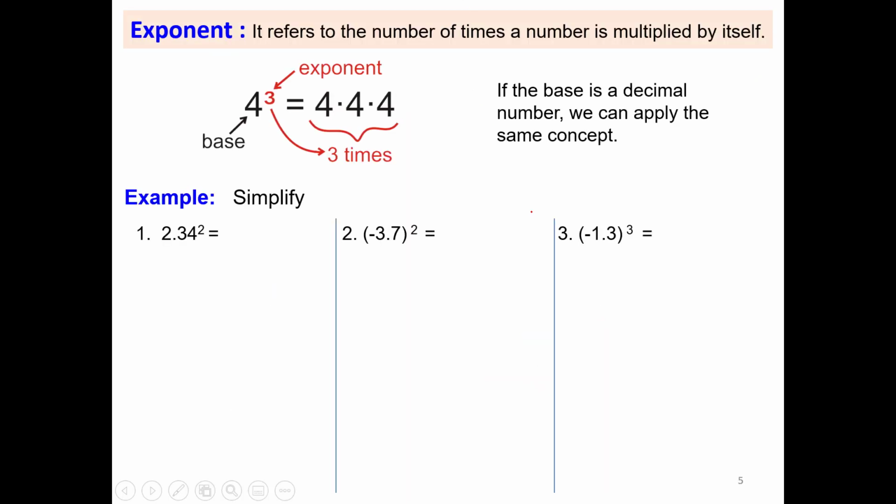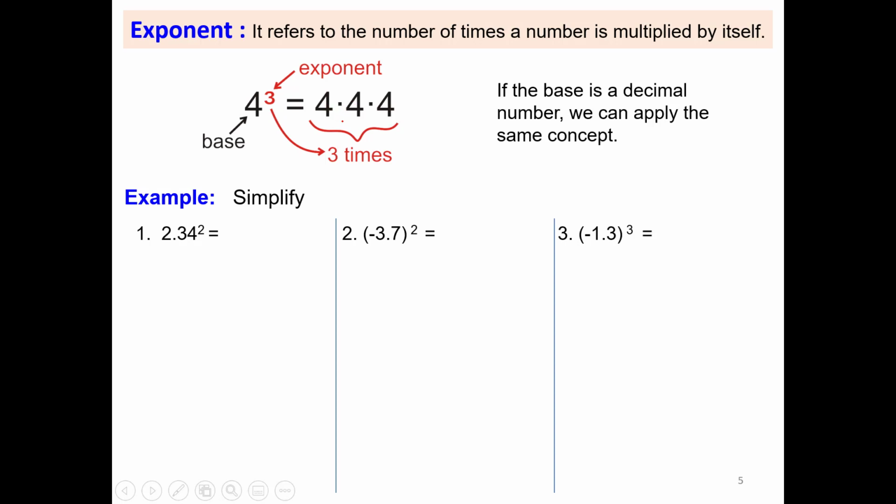And now we want to review the meaning of the exponent. An exponent refers to the number of times a number is multiplied by itself. For example, if we had 4 to the third, the exponent in this case, the 3, indicates how many times we need to multiply 4.